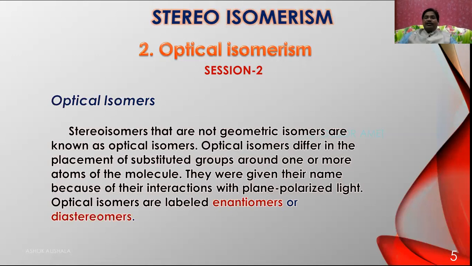They were given their name because of their interaction with plane polarized light. Optical isomers are labeled enantiomers or diastereomers. In the previous session, we discussed what plane polarized light is and how it is influenced by optically active compounds, in optical isomerism session 1.